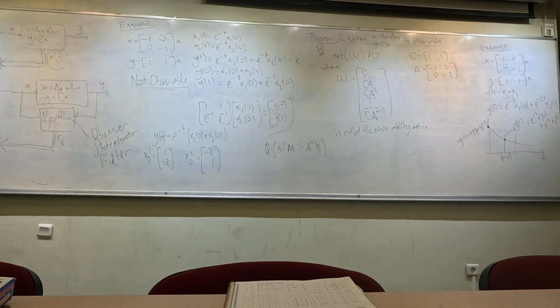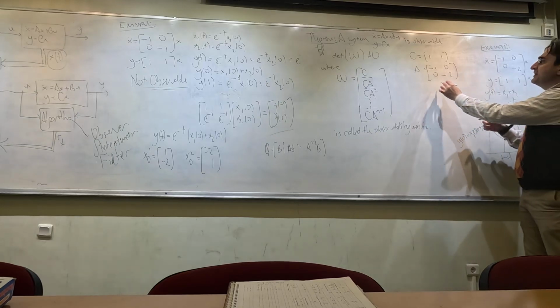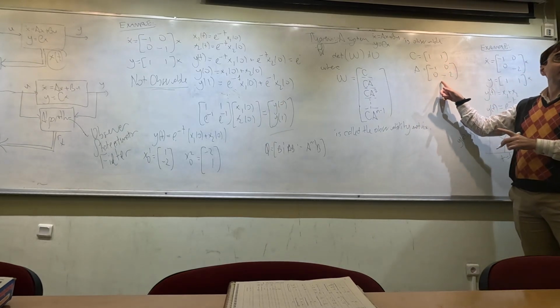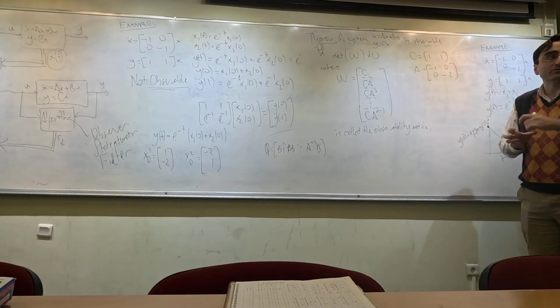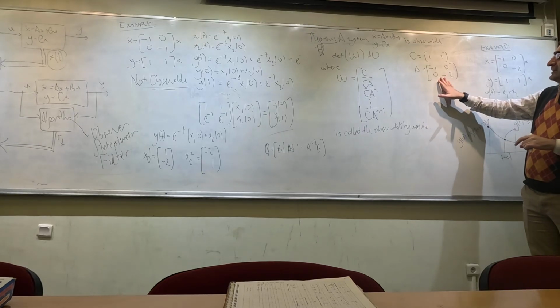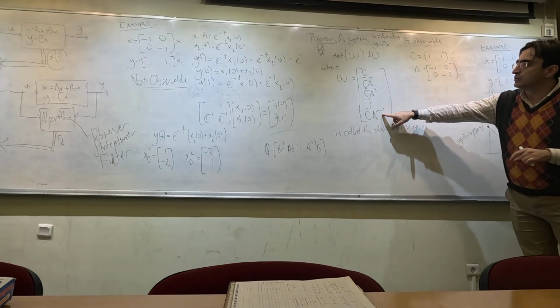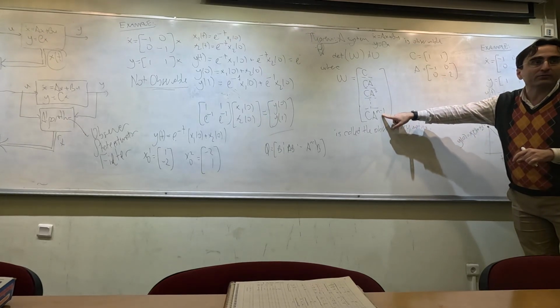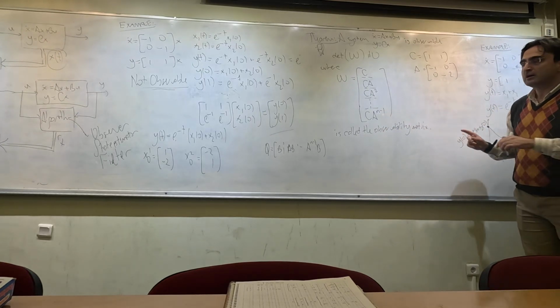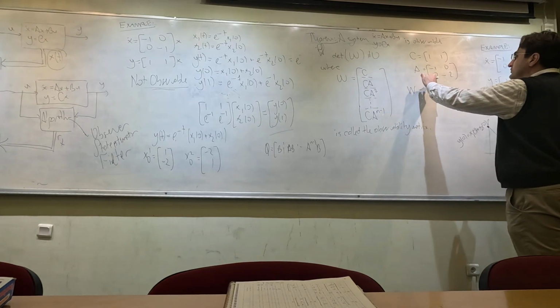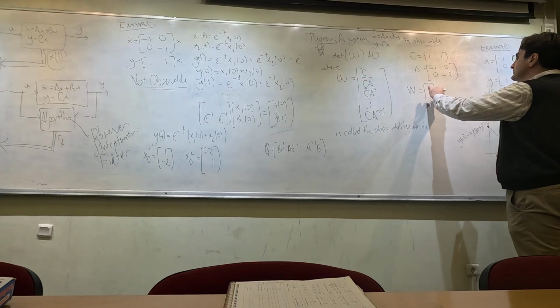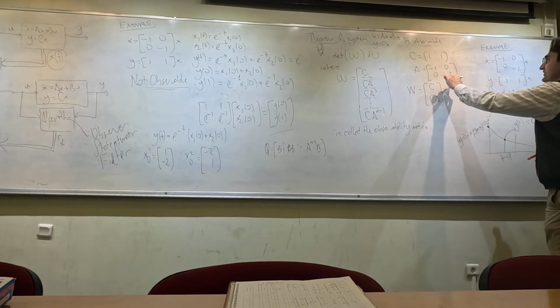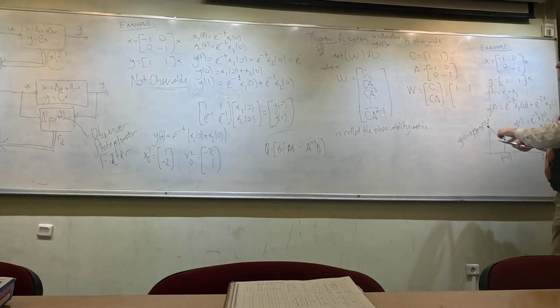Now, if I calculate the W matrix, how many rows will I write? 2 rows only. Here, n is 2 for this example. N is the dimension of the state vector. Since n is 2, the highest power of A that I'm going to write here will be 1. That means the W matrix in this case is C and C times A. So C is [1, 1], and C times A.